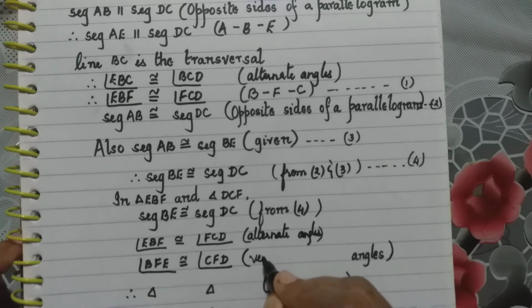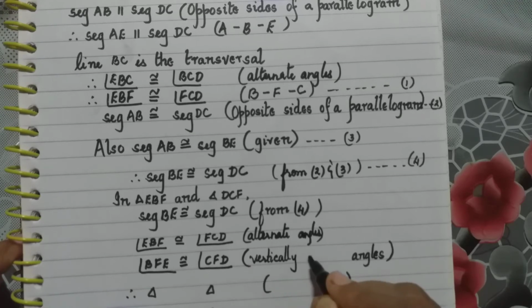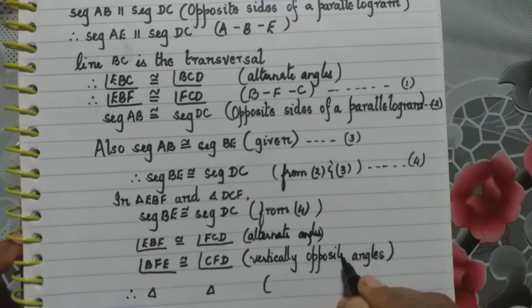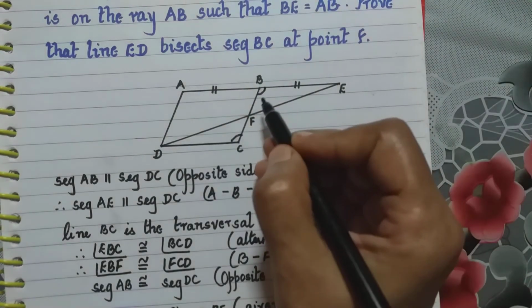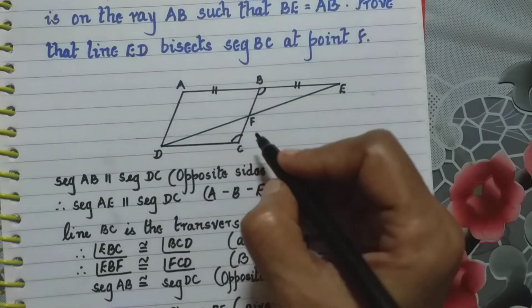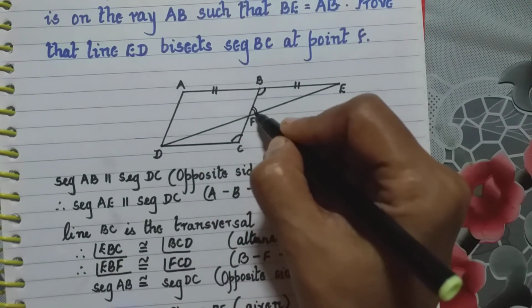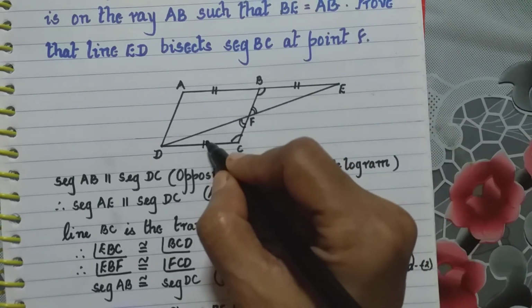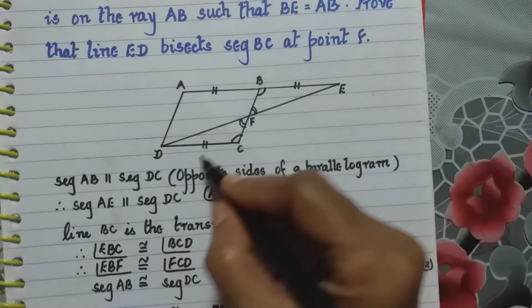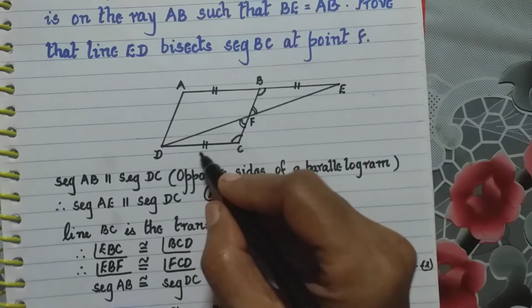That is vertically opposite angles. So, once we have got this pair of angles which are congruent, then we got this pair of angles which are congruent. Also, we said this pair of sides are congruent.